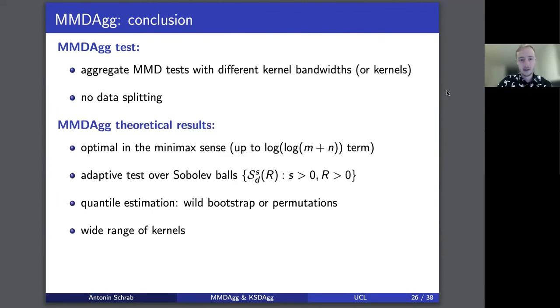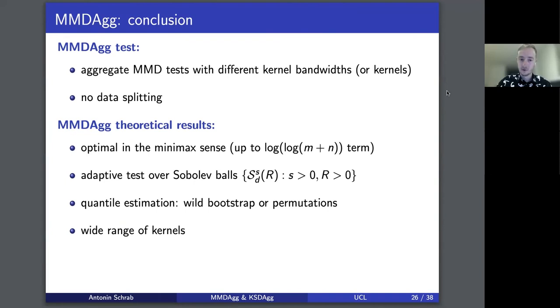And then we have the MMD theoretical results. We prove that our test is optimal in the minimax sense over a Sobolev ball, up to some iterated logarithmic term. It is adaptive over those Sobolev balls, in the sense that it does not depend on S or on R. Our theoretical results hold for both the wild bootstrap estimation of a quantile and the permutation-based estimation of a quantile.